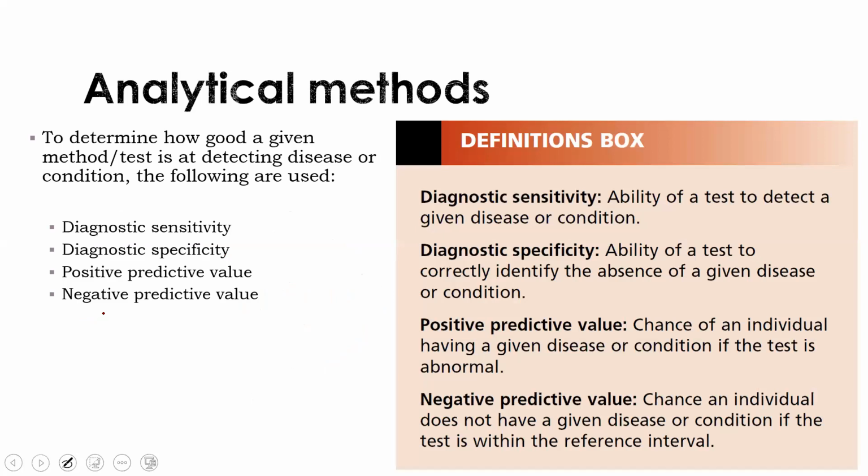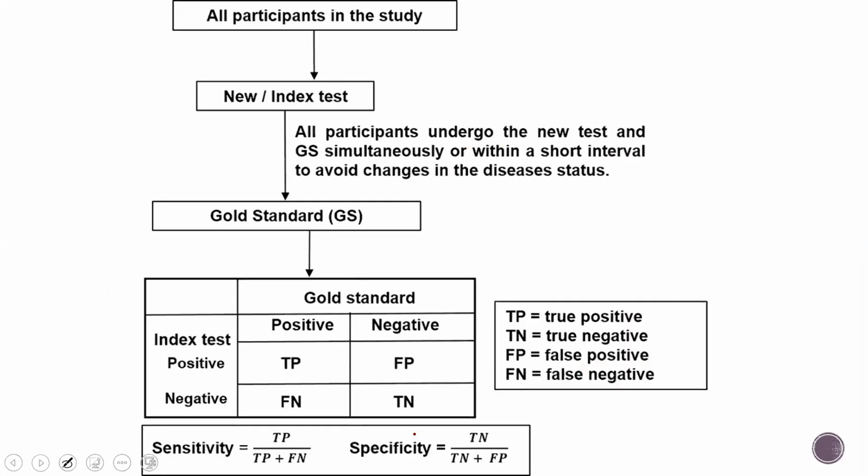Kailangan natin itong parameters na to para makita kung tama ba yung binibigay ng makina natin: diagnostic sensitivity, diagnostic specificity, positive predictive value, and negative predictive value. So, dapat yung analytical methods natin, meron siyang ganyang criteria, meron siyang ganyang parameters.